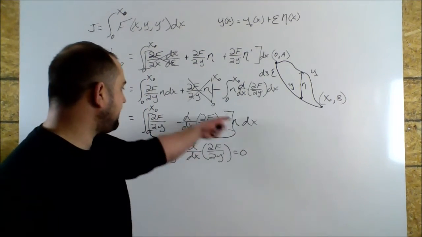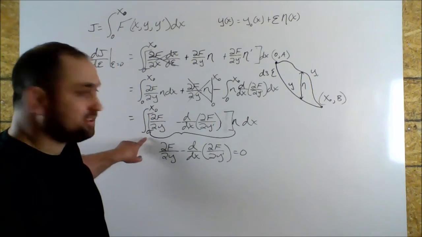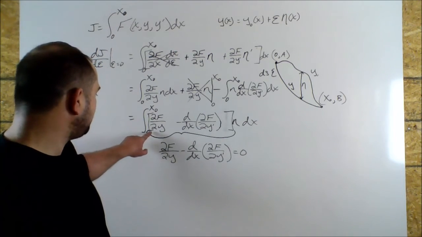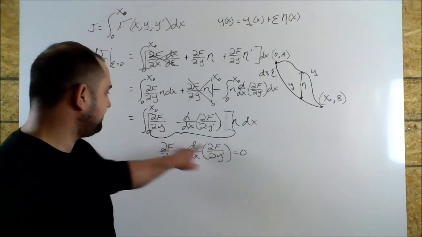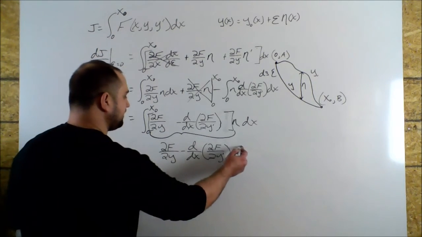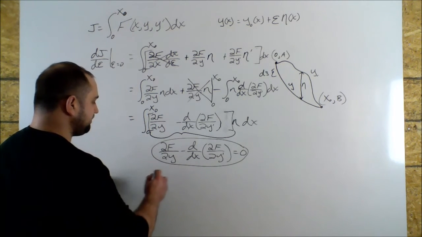Now, this is what we call the Euler-Lagrange equation.